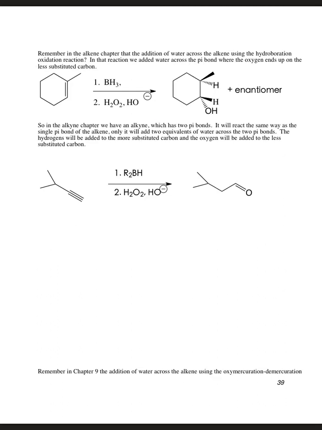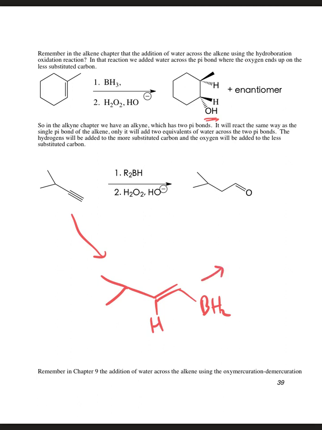We can hydrate an alkene like we did in the last section, where with borane we added the boron to the less substituted carbon, the hydrogen to the more, and then oxidized off the borane to give us the alcohol. The same sort of thing happens here, where in the first step, if we simplify it a little bit, we get the borane and the hydrogen across the double bond.